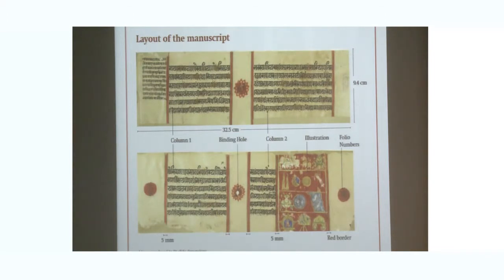If you see column 1 and column 2, the texts are written in columns 1 and 2, divided by a space. The illustration area divides these two columns into 3 columns. Folio numbers are written in the right hand margin. The 5 mm border gives identity to the column sizes.